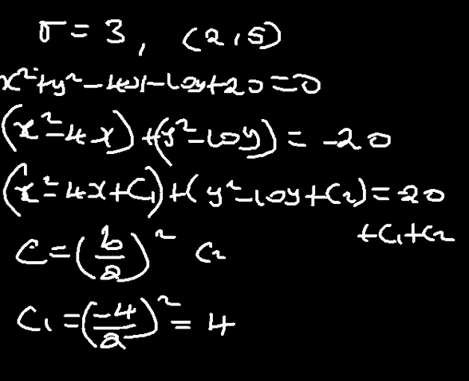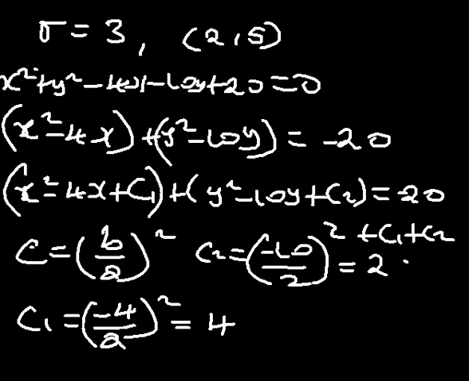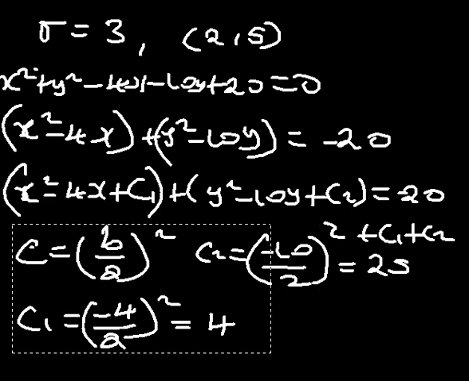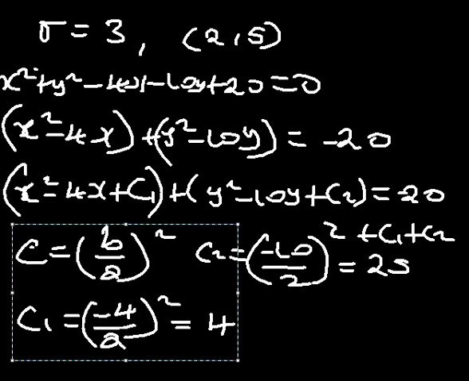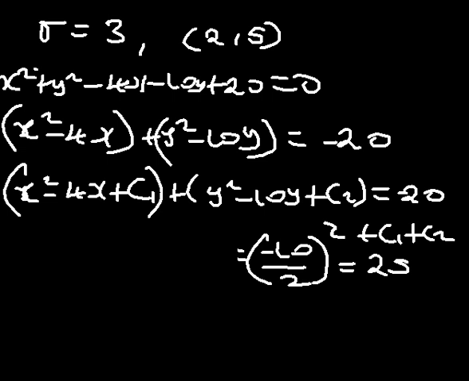And how about c2? We have negative 10 over 2 to the power 2, which is 25. So c1 is 4 and c2 is 25. Now we just have to substitute those in this case.